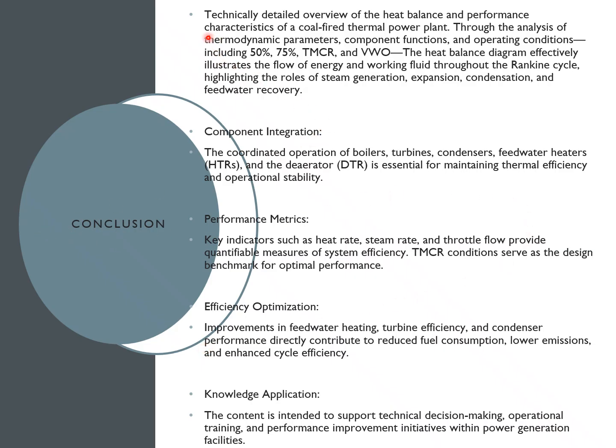Conclusion. Technically, this is a detailed overview of the heat balance and performance characteristics of a coal-fired thermal power plant through analysis of thermodynamic parameters, components and functions, and production conditions, including 50%, 75%, TMCR, and VWO. The heat balance diagram effectively illustrates the flow of energy and working fluid through the Rankine cycle, highlighting the roles of steam generation, expansion, condensation, and feed water recovery.